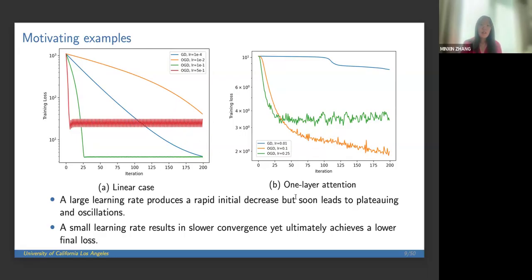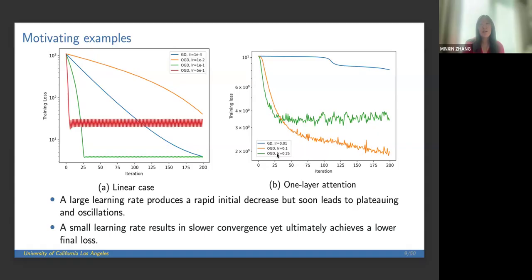Similar phenomena are also observed in the nonlinear case, like in the picture on the right-hand side, where we train one attention layer. If you use a small constant learning rate, you get this orange curve, which decreases more slowly initially, but eventually gets a smaller final training loss.